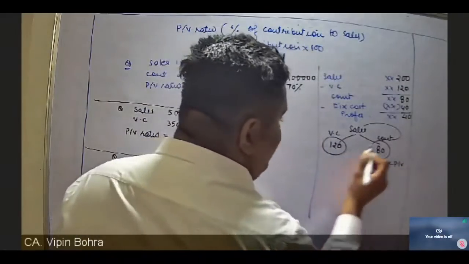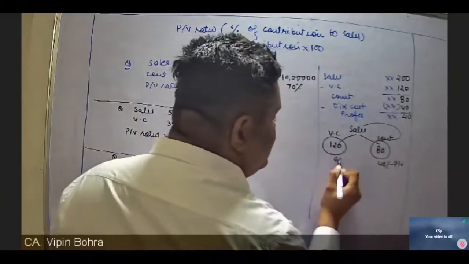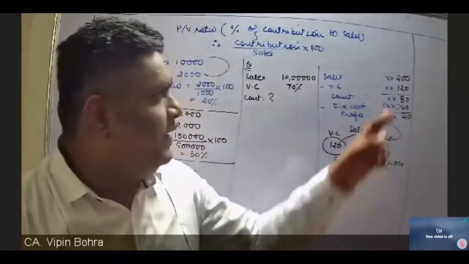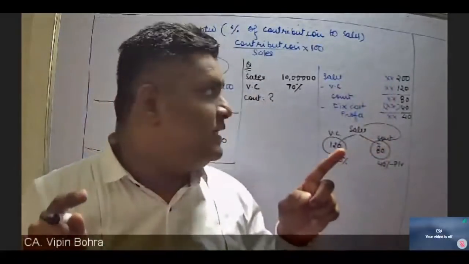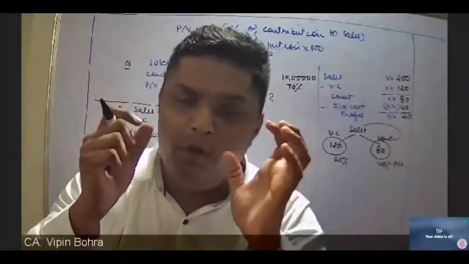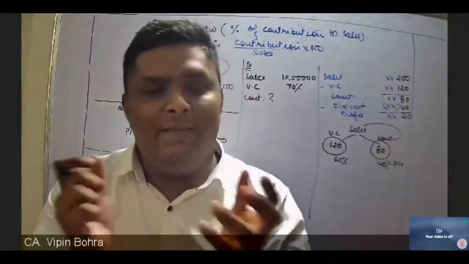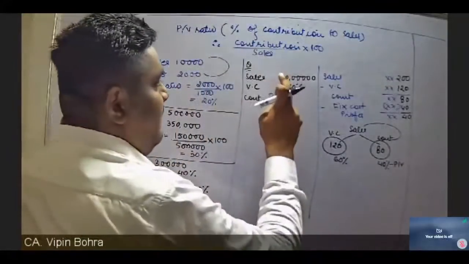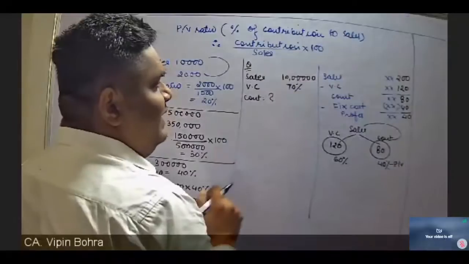So what is the percentage of variable cost to sales? 60%. At the initial stage, we are making two breakups of sales, the variable cost and contribution. So if my contribution is 40% of sales, my variable cost will be 60% of sales. So here, my variable cost is 70% of my sales.